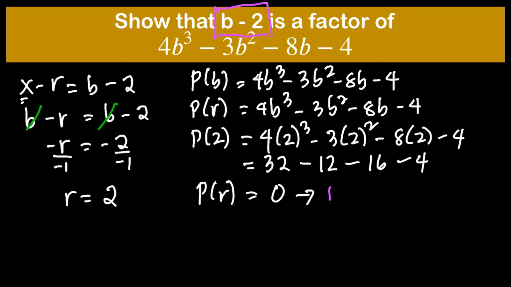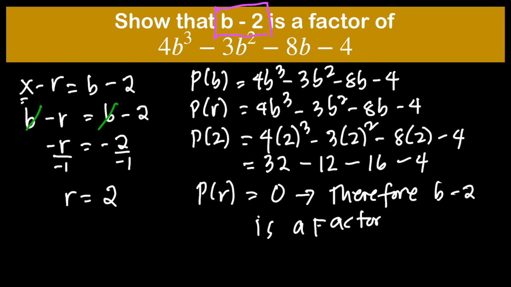So we can say, therefore, b minus 2 is a factor of 4b cubed minus 3b squared minus 8b minus 4. So this will be our conclusion.